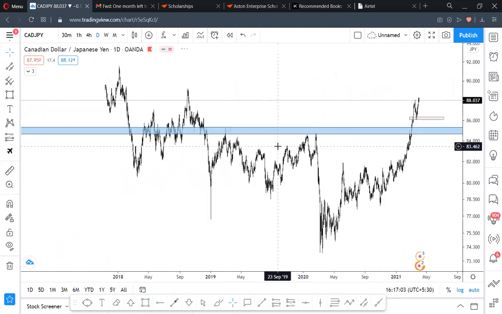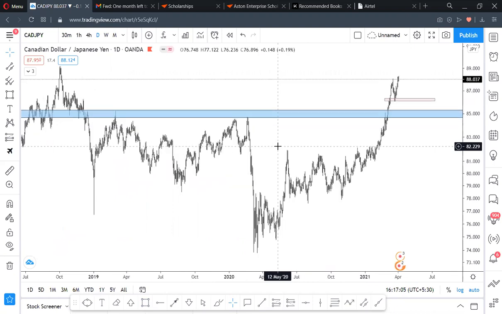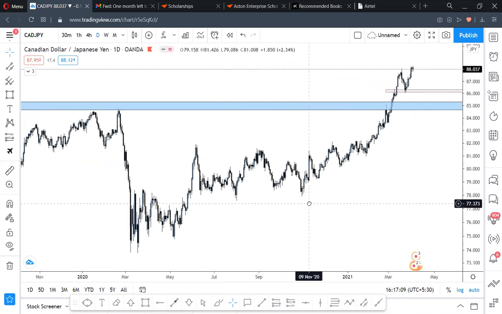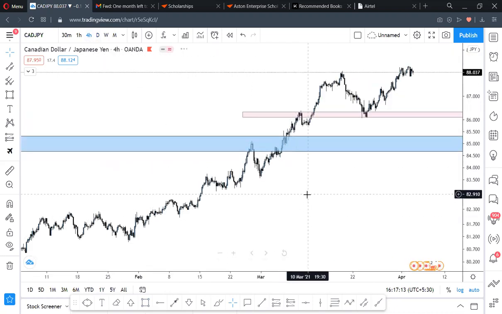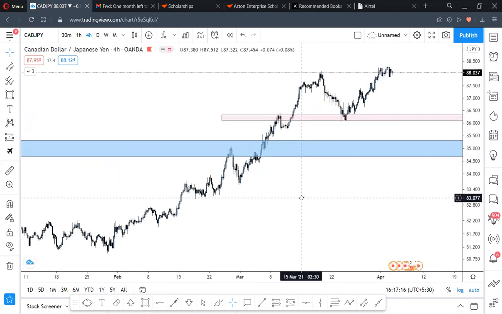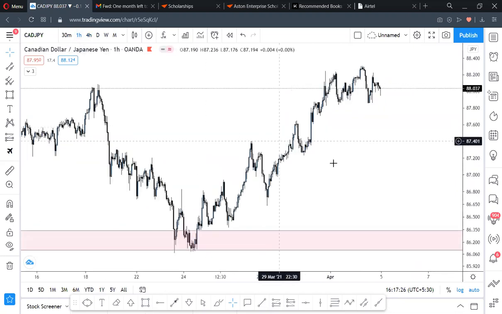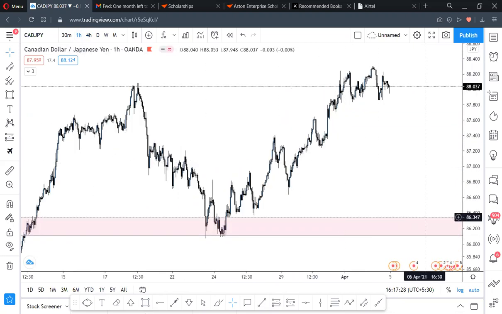We are still in a bullish run, and we don't have a reason to change our bias yet. But then we are currently seeing a corrective move. Let me go to the H1 where I'll see it clearly. Yeah, this is quite clear.